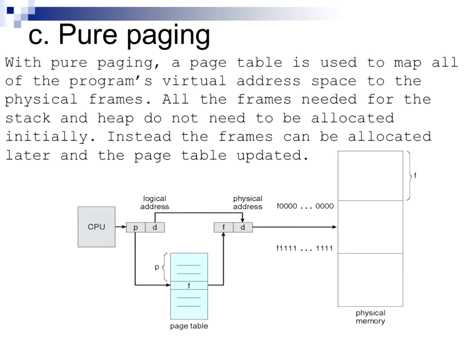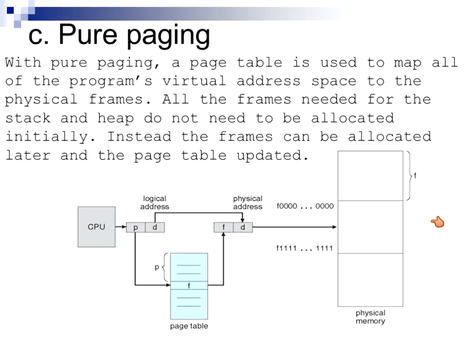Okay, then let's go on to pure paging. With pure paging, a page table is used to map all the program's virtual address spaces to a physical frame. And again, I took a picture out of your book that illustrated it, but then I tried to explain why that is a good idea when you have a heap and a stack that's growing.